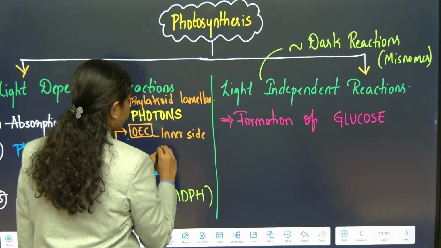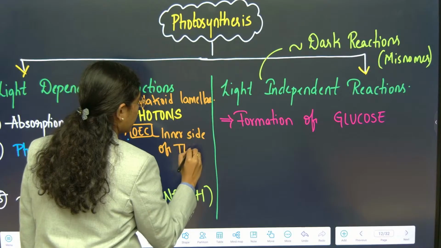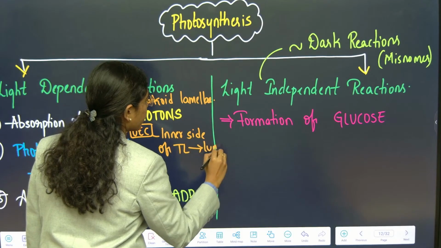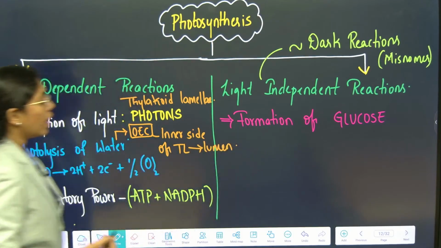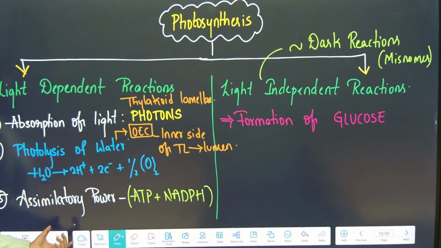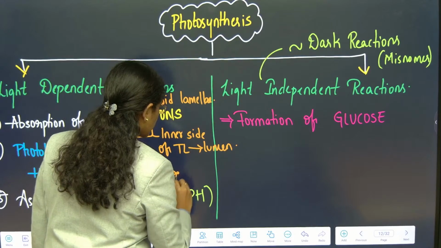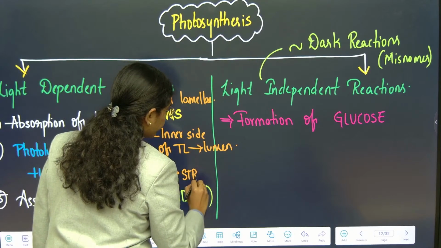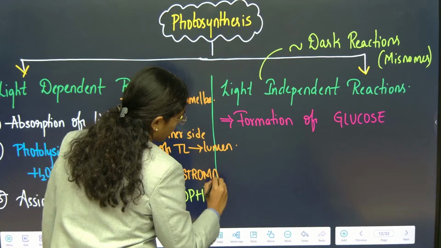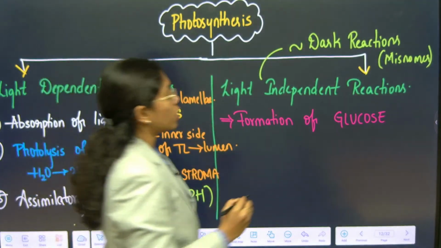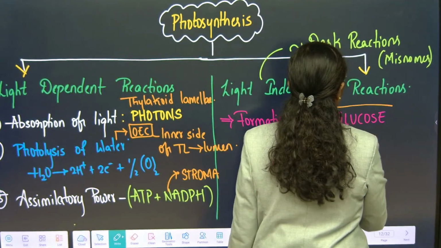Formation of assimilatory power, that is ATP and NADPH, occurs inside stroma. And glucose formation also occurs inside stroma.